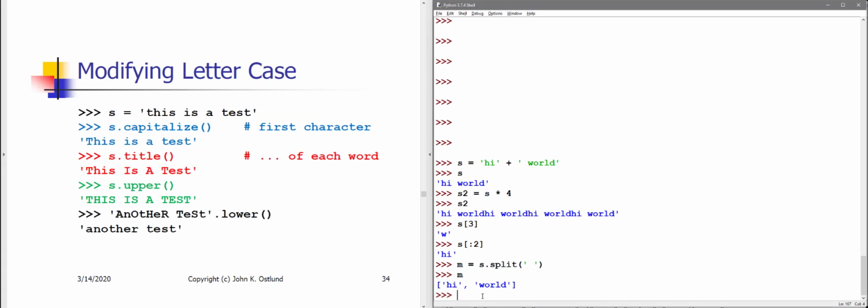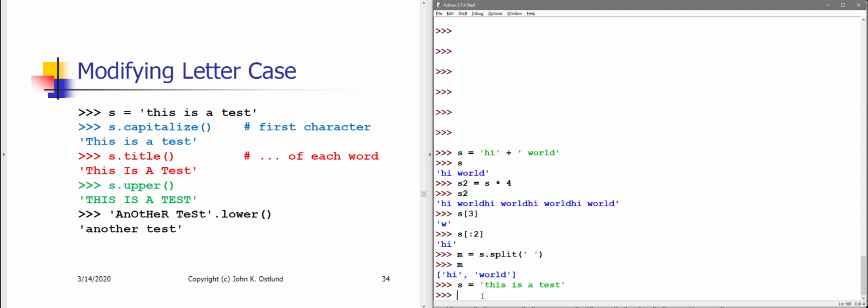All right, so let's start out by setting s to the clever string, this is a test. All right, if I say s dot capitalize, now this does not modify s.